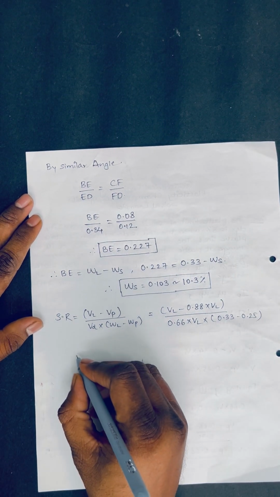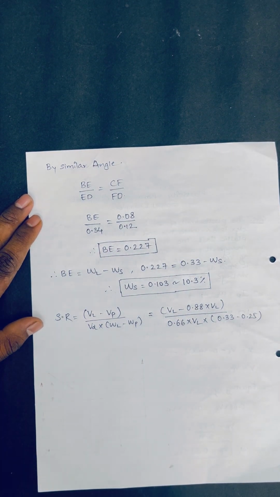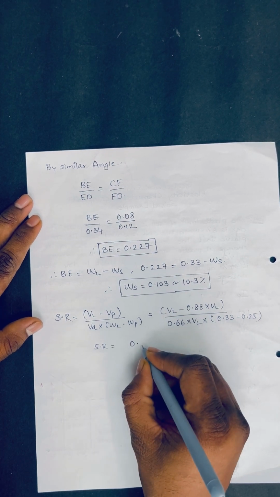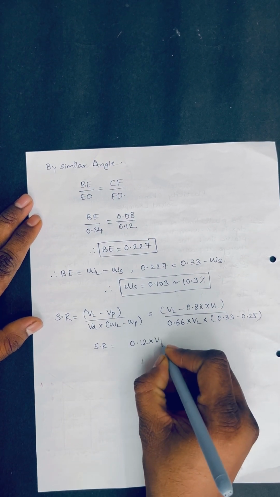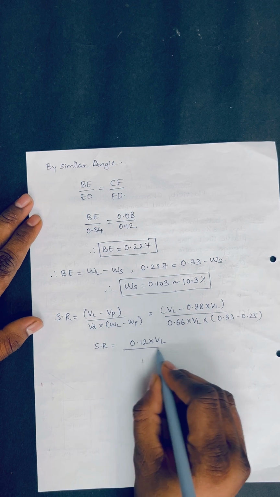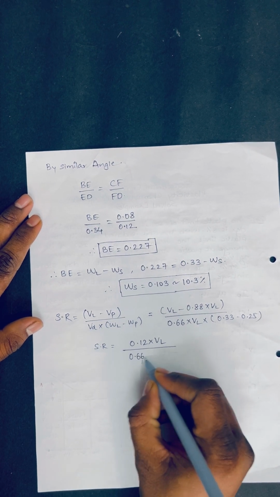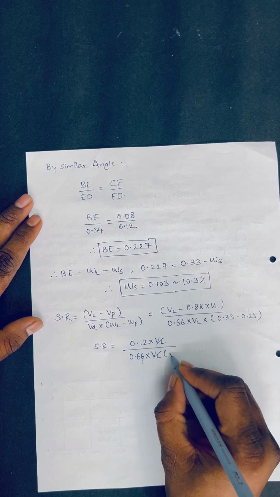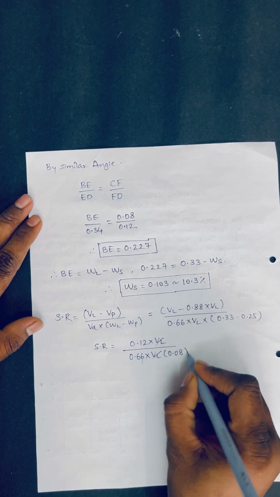So we'll solve it further. Here it will be 0.12 into VL upon 0.66 into VL. So this gets cancelled out, and in the bracket it will be 0.08.